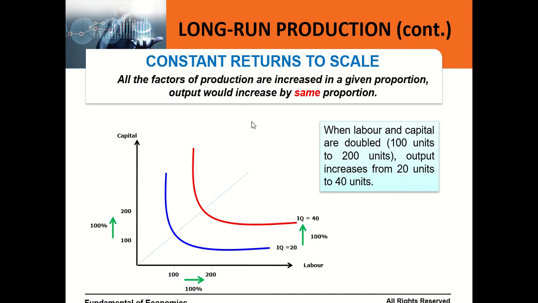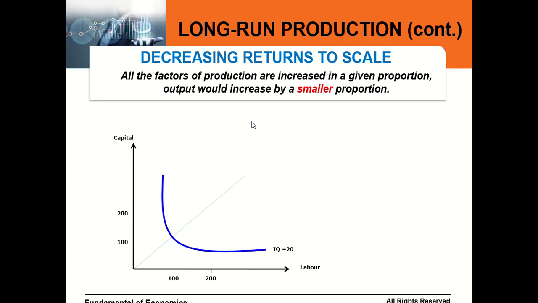And the last one is decreasing return to scale. Remember, these are all in the long run. What happened here? Again, we begin with 100 capital, 100 labor, so we are able to produce 20 cars. Now let's say we double the capital, from 100 increased by 100%, so it becomes 200. And the labor also becomes 200, increased by 100%. But here, what happened to the output?